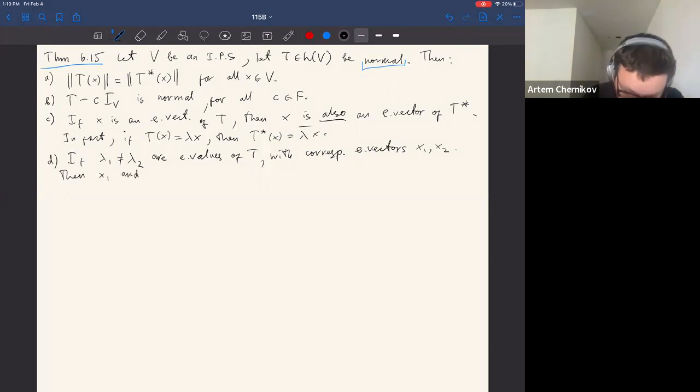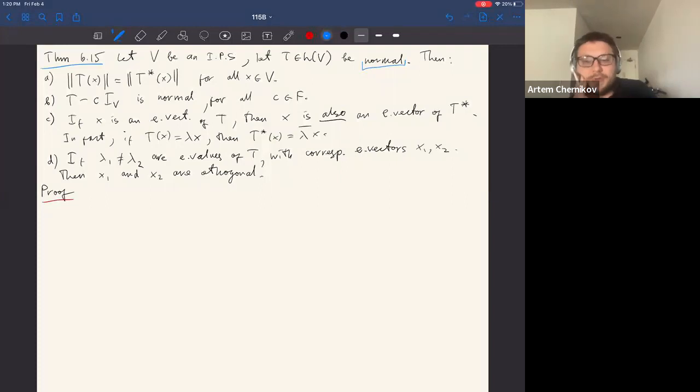So x1 and x2 are orthogonal. In a usual vector space, we know that eigenvectors corresponding to distinct eigenvalues are linearly independent. But here we see that for normal operators, we have something even stronger: they are in fact orthogonal. All right, so this is the theorem, which collects a bunch of properties of normal operators.